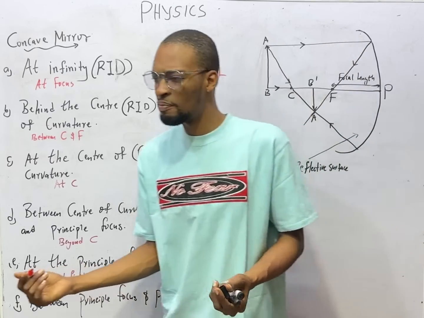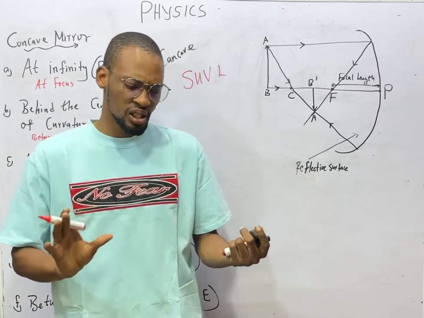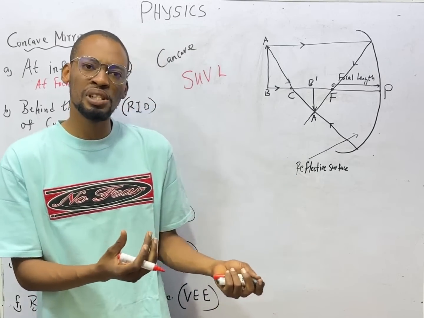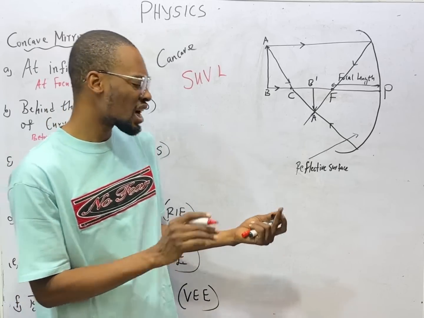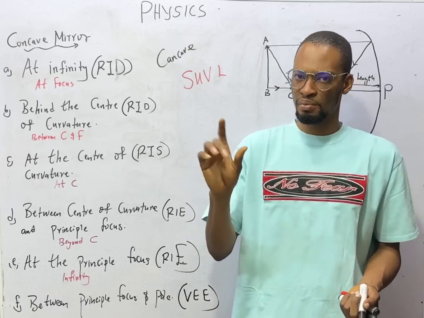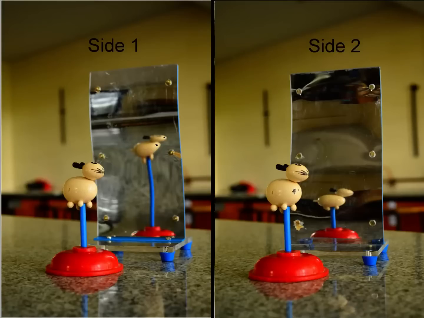Meanwhile, there are types of mirror where the closer the object to the mirror, the bigger the image formed. And this type of mirror is basically used in driving, in cars. They are convex mirrors. That is why convex mirrors are used for driving. As the object comes closer, the image gets bigger.